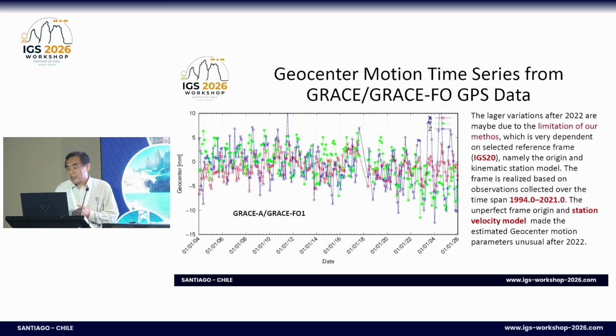The reason, I just guess, is because I use the IGS20 system, and IGS20 uses data only until 2021. My method is very dependent on how good the station coordinates are.